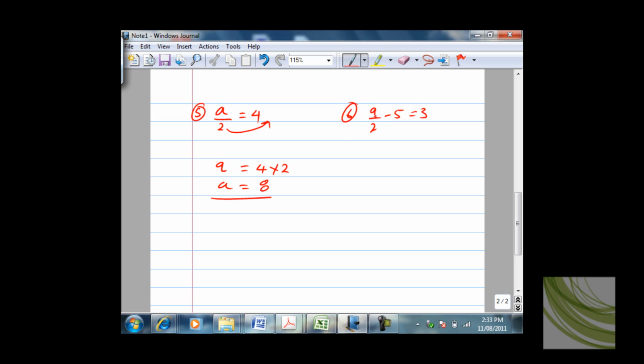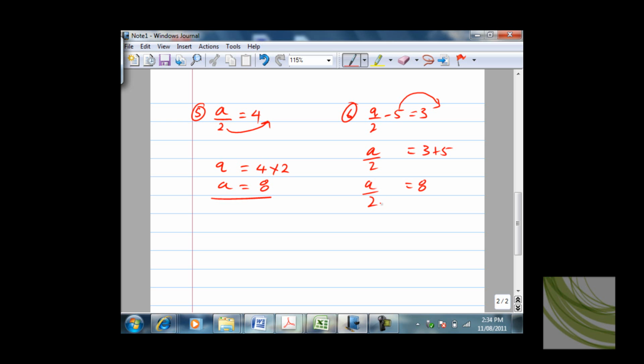Example 6, we got A divided by 2 minus 5 equals 3. What I can do first is get rid of that 5 and take it to the right hand side, because I'm trying to make A the subject of the formula. 5 is subtracted. When we swap sides, it becomes an addition, and we get 8 on the right hand side.